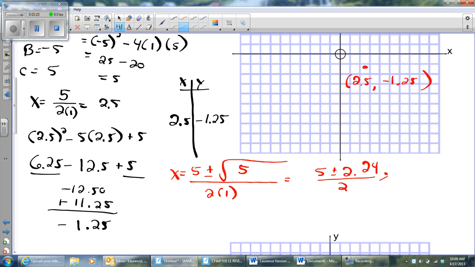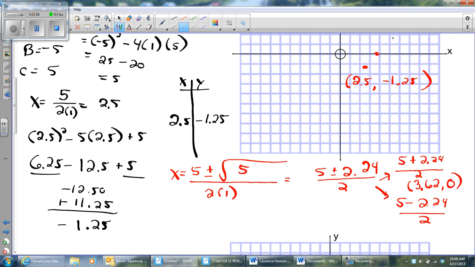So now I have two problems. I have 5 plus 2.24 divided by 2, and then I have 5 minus 2.24 and divide by 2. And so 5 plus 2.24 divided by 2 is going to end up with a root of 3.62. So I can plot that. 1, 2, 3.5 will be there.